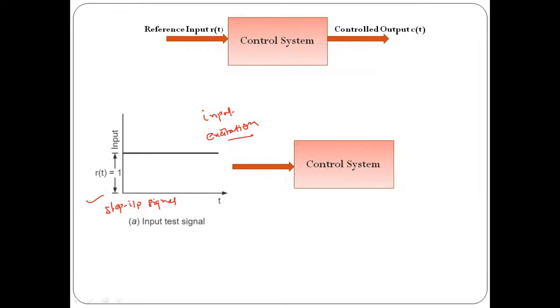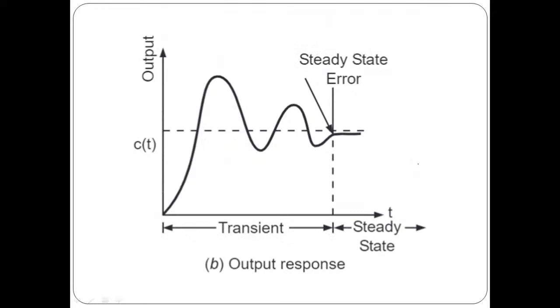Now we are trying to find out how the system is going to generate the response. The response of the system is something like this. Initially, the moment we have not applied any input, the response is nothing but zero. The moment we apply a step input, it is going to generate some response like this.